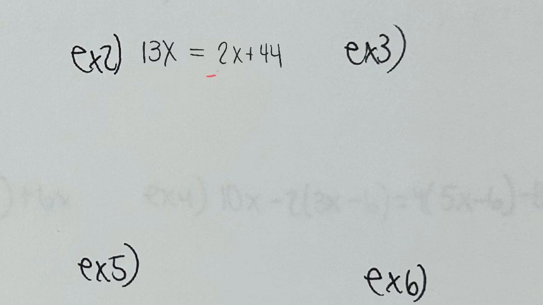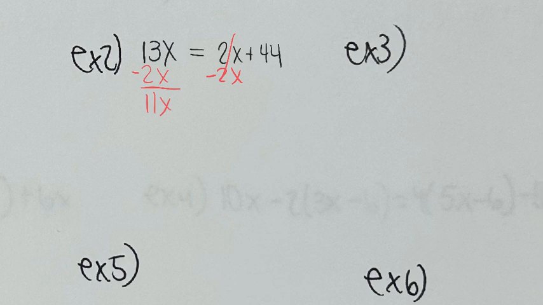So I'm going to do -2x, cross out, what's my answer? The reason I subtracted is I want these to turn into 0. I want them to be gone. And right now it's a positive 2x, so I'm going to subtract 2x. Come over here, combine like terms. 13x minus 2x would make 11x.